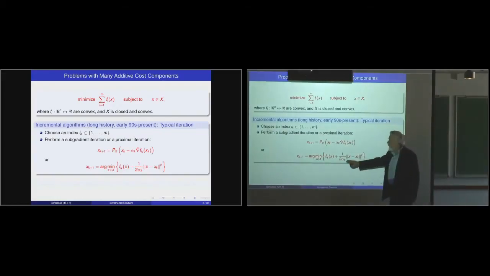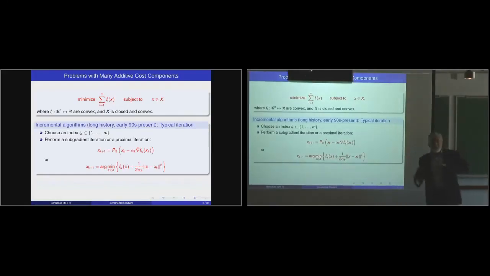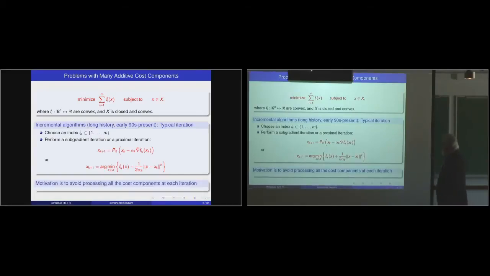Similarly here, the proximal iteration uses just one component. And the components have to be selected with equal long-term frequency, but there are a number of ways to do that, by randomization, by cyclic minimization, and so on. So the motivation of this is to avoid processing all the cost components at each iteration, and you hope that you're going to do well with just one component.